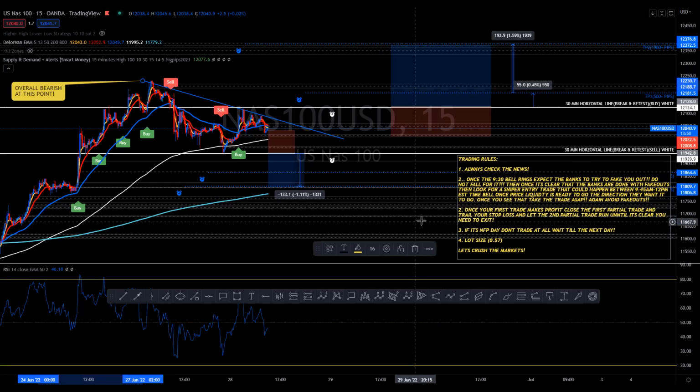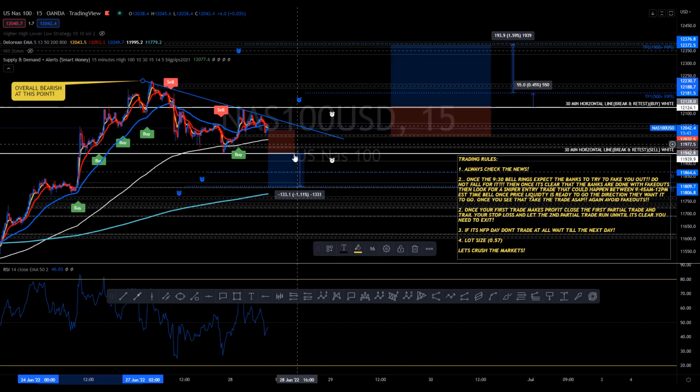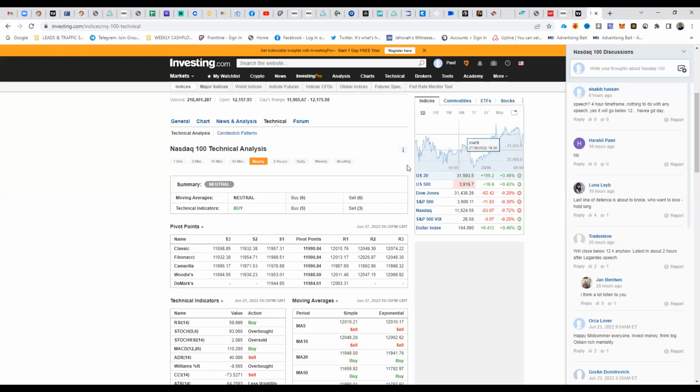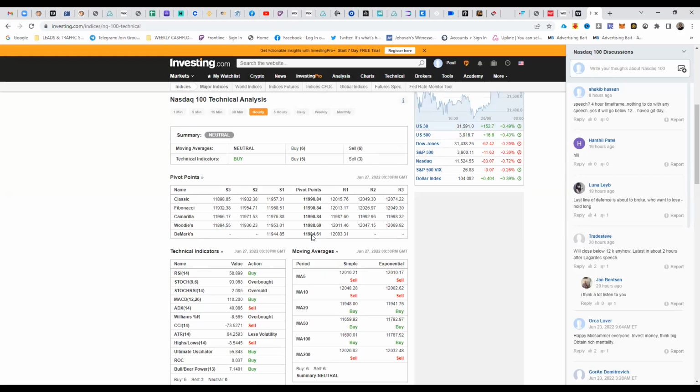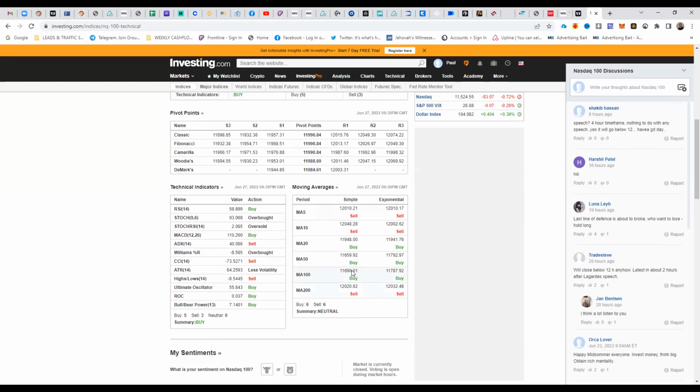All right, guys, we're at the 9 o'clock bell now. So we got about another 30 minutes until we can really see what price is going to do. When we look at investing.com for NASDAQ 100 technical analysis, that's NAS100, moving averages and technical indicators are saying to buy, but they're saying it's neutral right now.